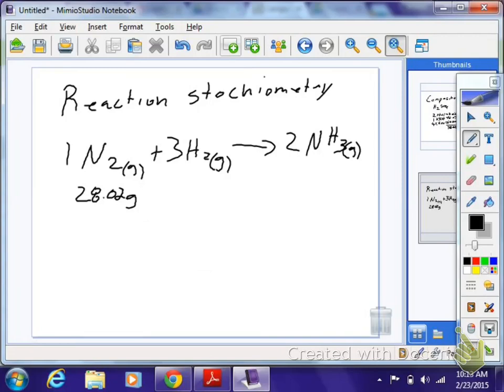If we have 3 H2, and we weigh all that out, that would be 6.06 grams for just the hydrogen, which on this side is going to be 34.08 grams total. So the other side is going to have to equal what? 34.08, right? So ammonia, when you add it all up, is 17.04.